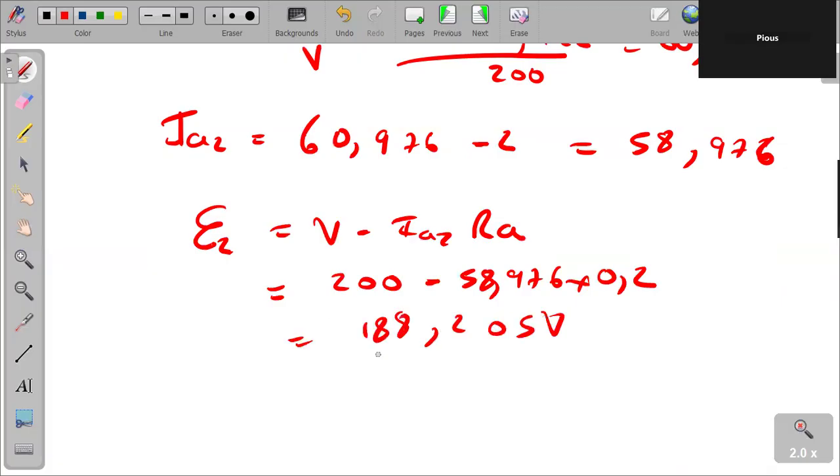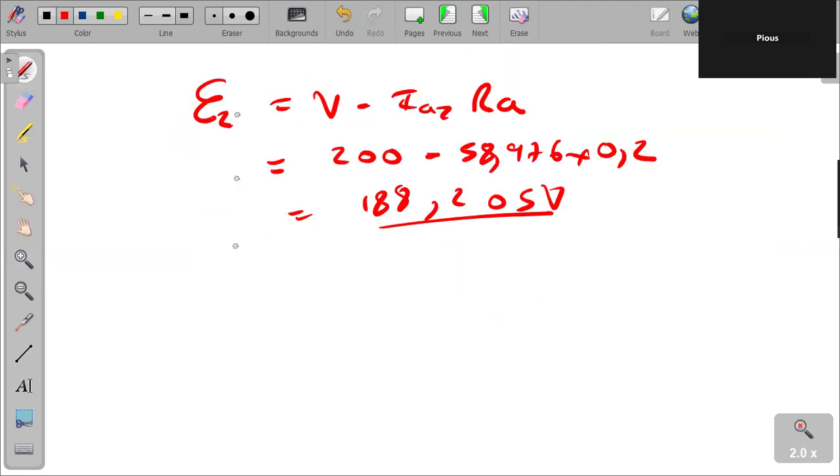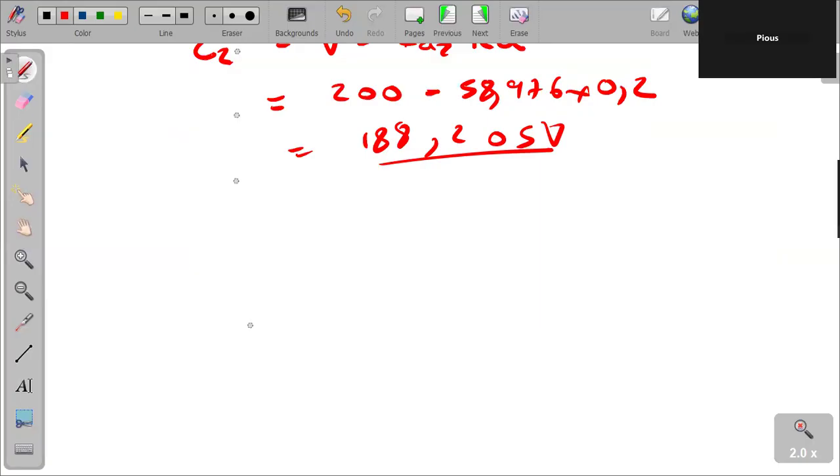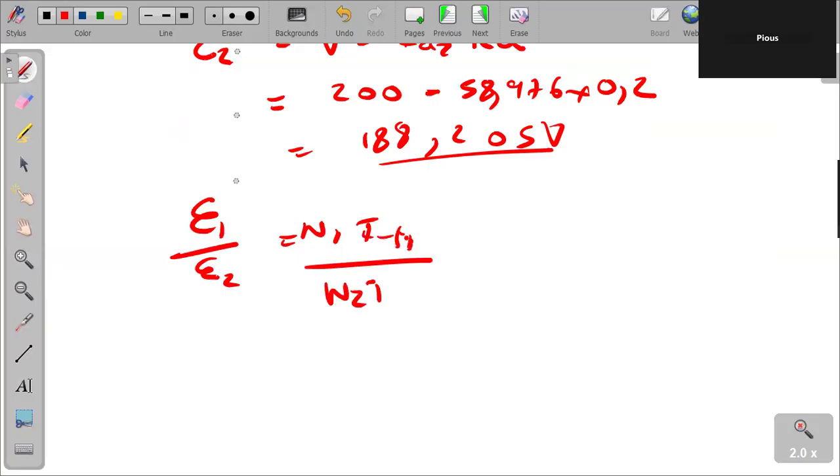So we have E1, the no load back EMF, and E2, the full load back EMF. From there we can go into the formula E1 over E2 is equal to N1 IF1 over N2 IF2. As a matter of fact, I would advise, if you are wondering why we are saying IF, often do we have to say phi?